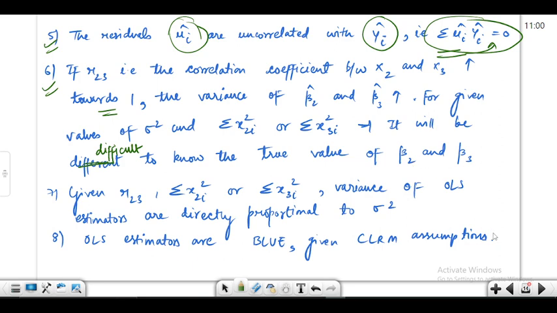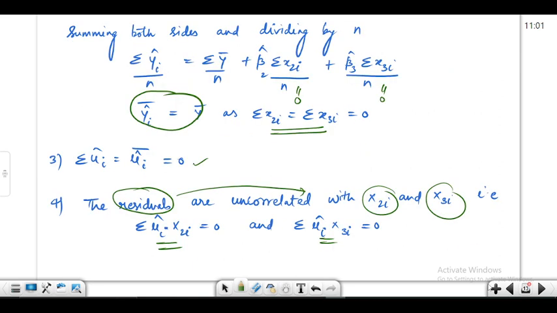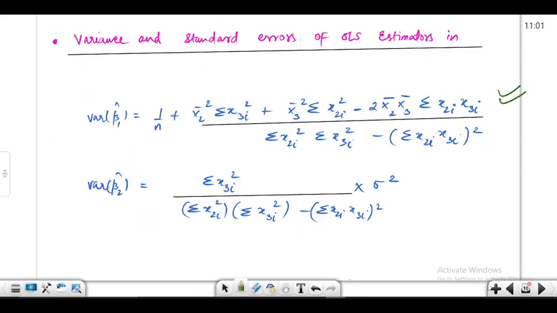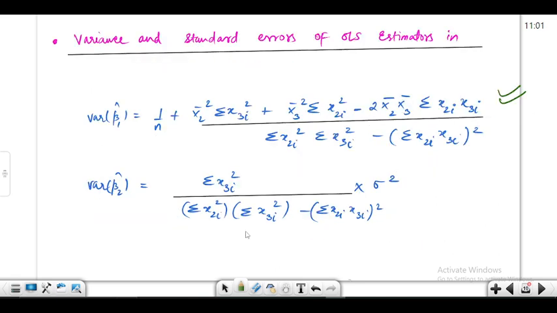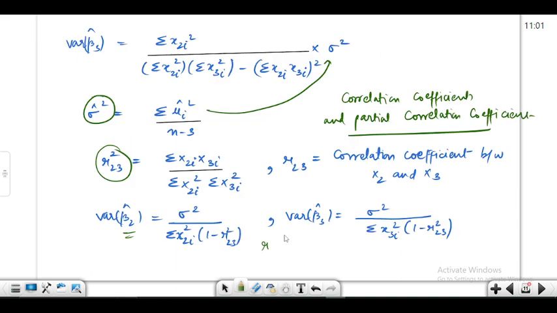So basically this is coming from this formula. Let's go back from here. So if this value R23 approaches 1, it means that this entire value R23 is approaching 1.